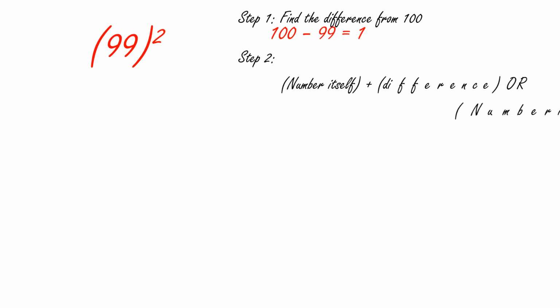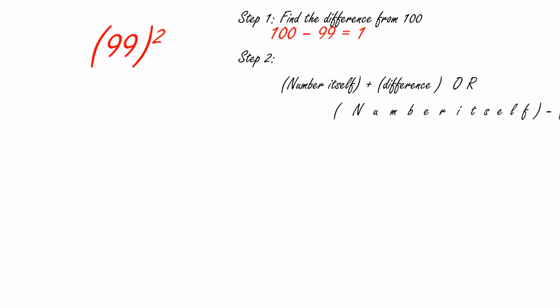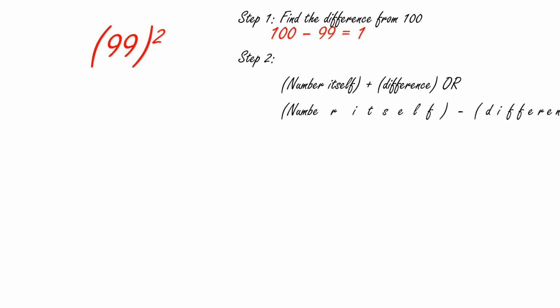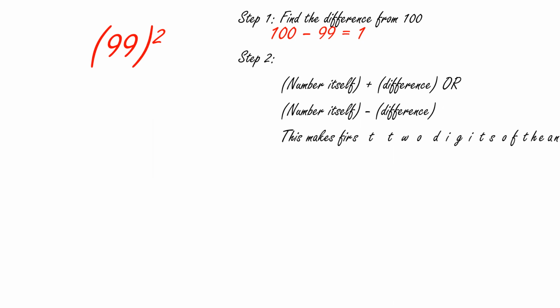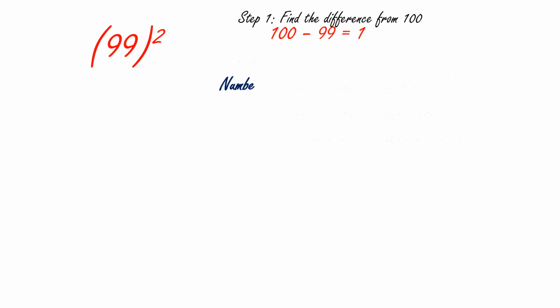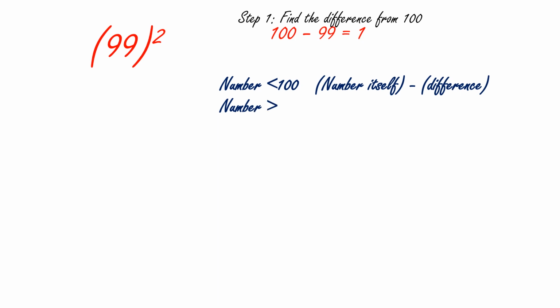But in this smart trick 2, where we take a base of 100, we would add or subtract the difference from the number itself. So my step 2 would be the given number plus or minus the difference. Now remember, if the number is less than 100, I would subtract the difference, and if the number is greater than 100, I would add the difference.